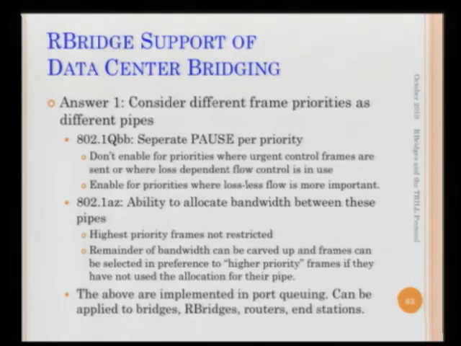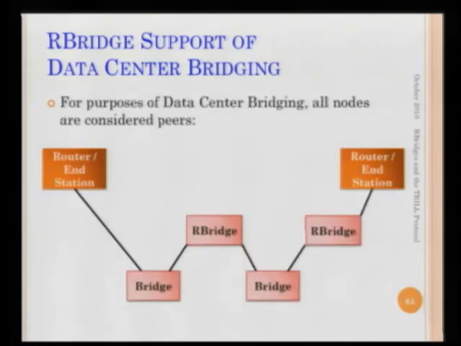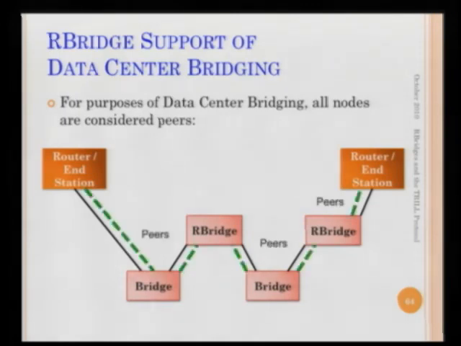So all this stuff is implemented in the ports. So you can actually do these on any kind of box, and the above two are easy to do on RBridges. It's just really part of the port logic. And because it's part of the port logic and really occurs on a hop-by-hop physical basis, for that kind of protocol you could consider all nodes to be peers, because you have a queue filling up in an RBridge or a bridge or whatever.